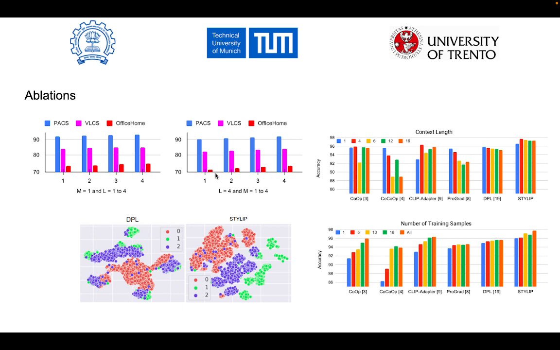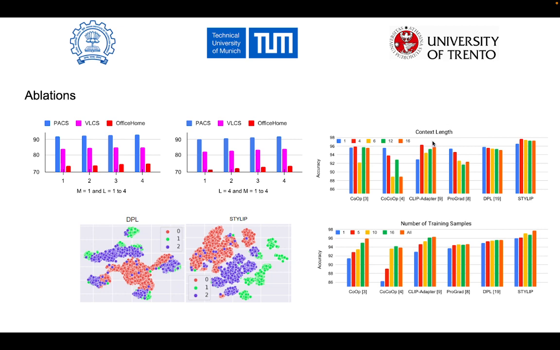These are some ablations showing how changes in the intermediate layers can affect domain generalization. Below we can see the clustering obtained from the text embeddings of DPL and STYLIP, where STYLIP has much better clustering than DPL.